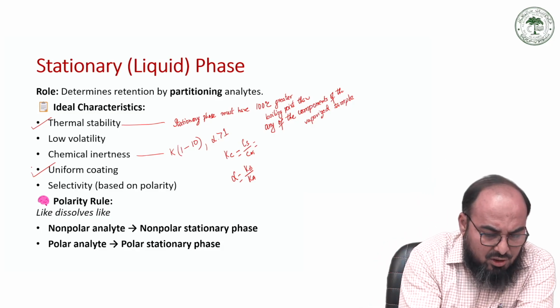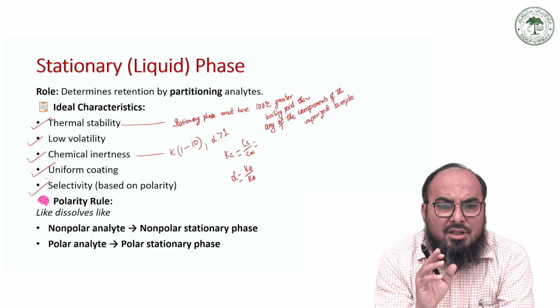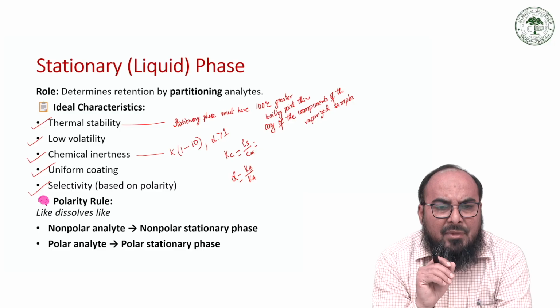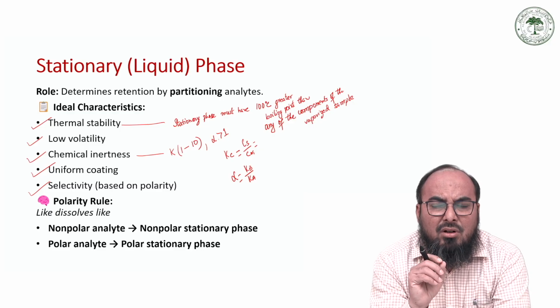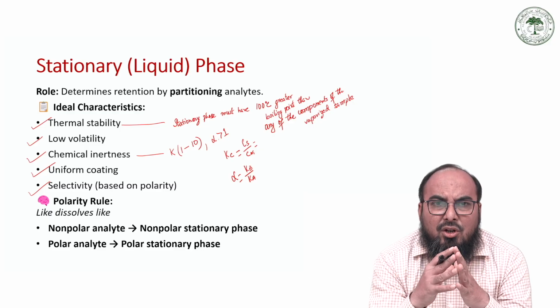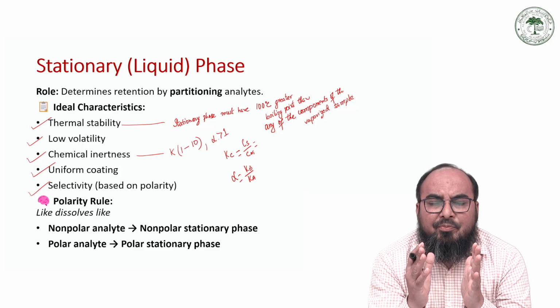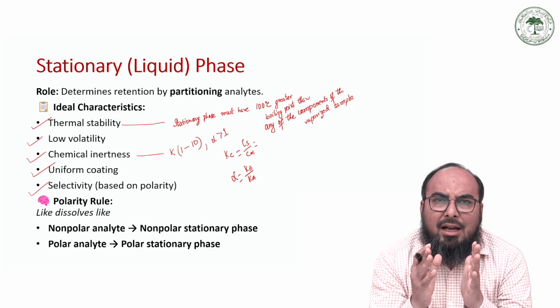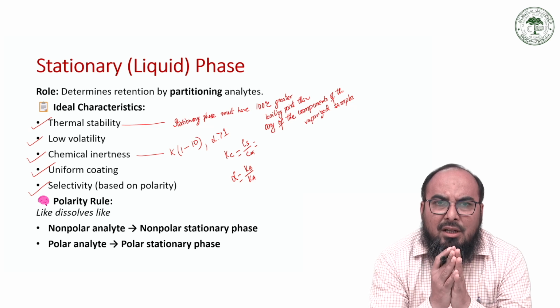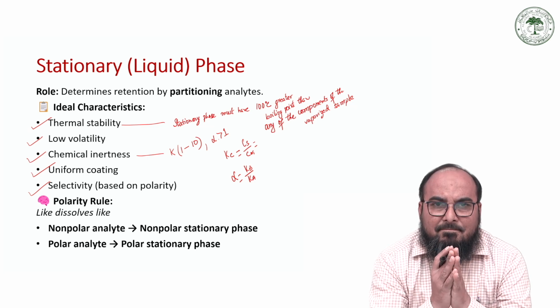Similarly, selectivity is also important. We have discussed it, and we are going to discuss this point in detail. If your stationary phase is non-polar, for example, and the volatile components are also non-polar, then they are going to interact very well.